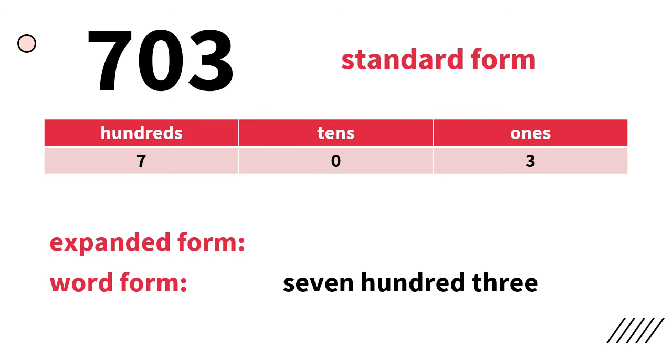So that helps me give a value to each of those digits. 7 in the hundreds column would be 700. Now 0 in the tens column would just be 0, and 3 in the ones column would be 3. So when I stretch it out, when I write it in expanded form, I'm going to choose to leave that 0 out, so I'm going to write it as my 700 plus 3.